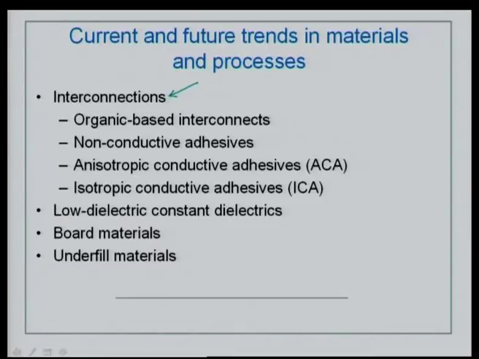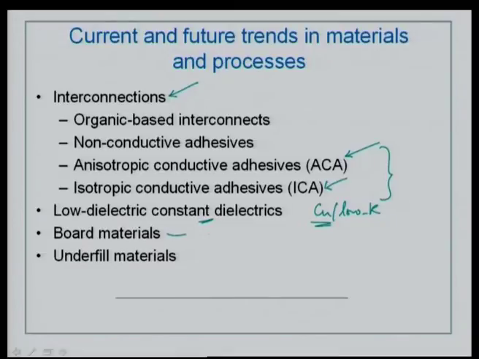Anisotropic conductives is growing, lot of challenges in anisotropic conductive adhesives and isotropic conductive adhesives. We have seen what they are when we talked about packages. Today the key is copper low K, for highly reliable interconnects. So, the key is how do you use copper in conjunction with low K materials.